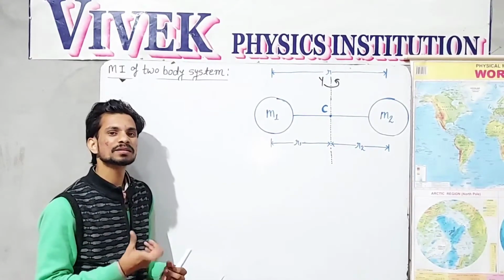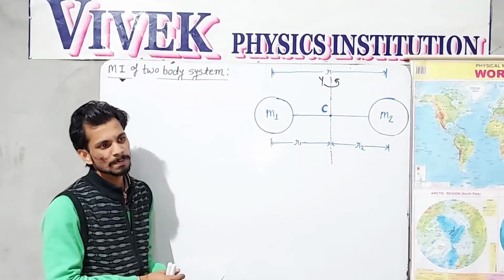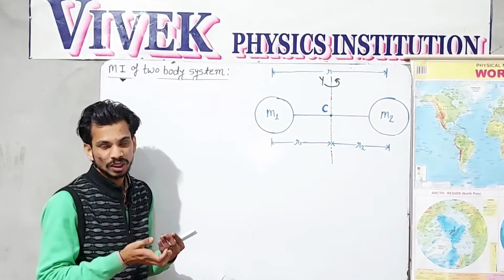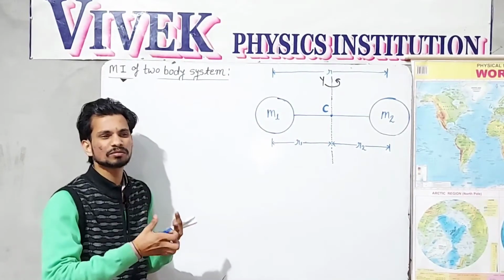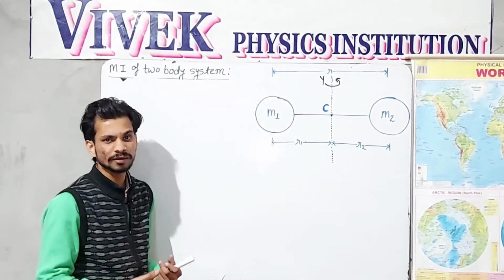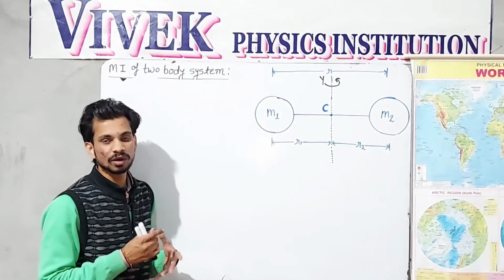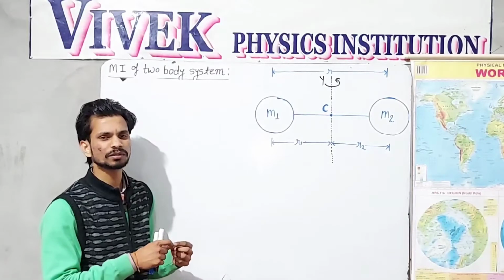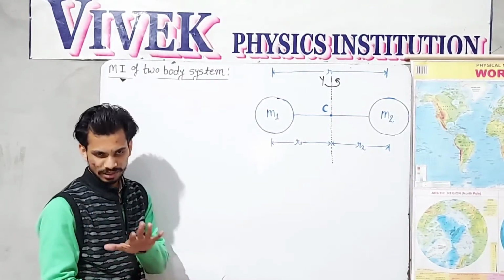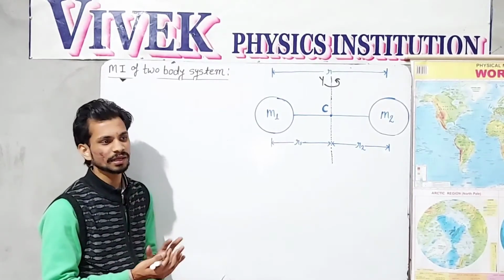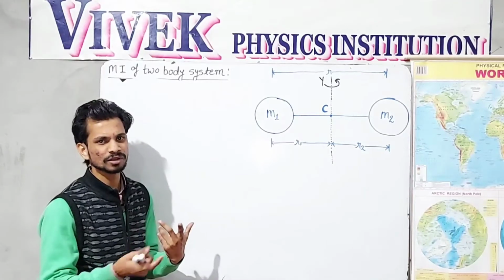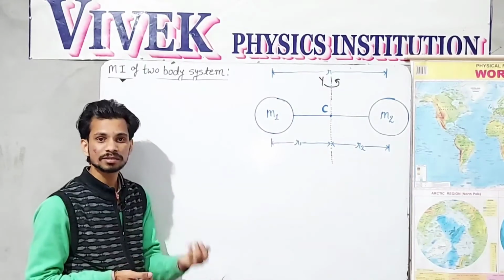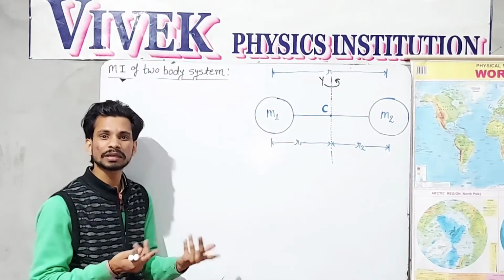And why do we need such a system? When we study quantum physics and the science beyond our normal range, like the atomic or nuclear range, in those cases we need to find the moment of inertia of systems comprised of two particles, like the hydrogen gas molecule, oxygen gas molecule, hydrochloric acid molecule and chlorine itself.